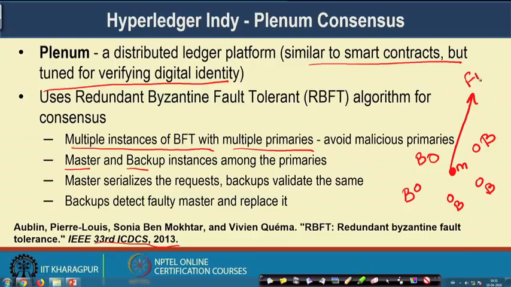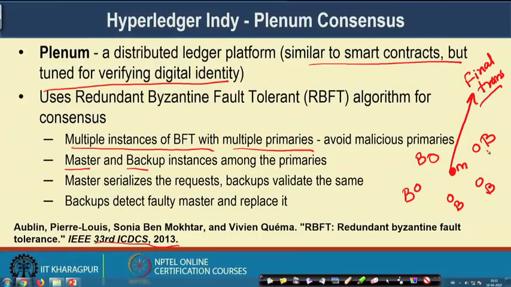But the backups are parallelly running the PBFT algorithm and parallelly trying to serialize the set of transactions. So, for the transactions that the master is proposing, the backups observe whether they are the same as the transactions generated by the backups. So, whether the serialization orders are the same or not.